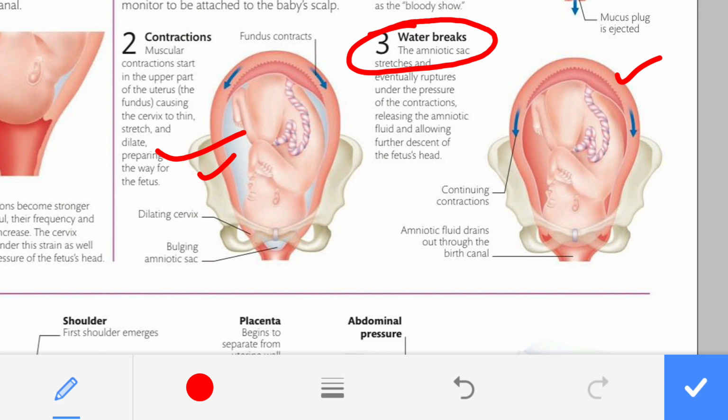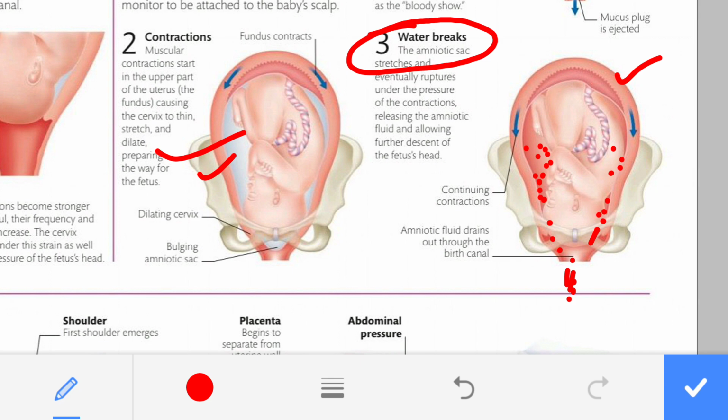So what is happening, the amniotic sac is rupturing, so whatever fluid is present in the amniotic sac is discharged, that fluid is coming out from the vagina.